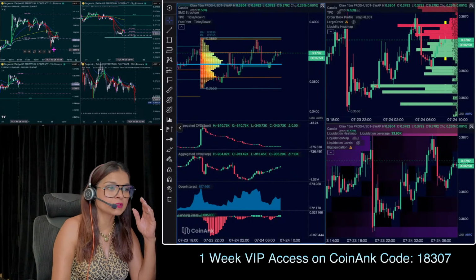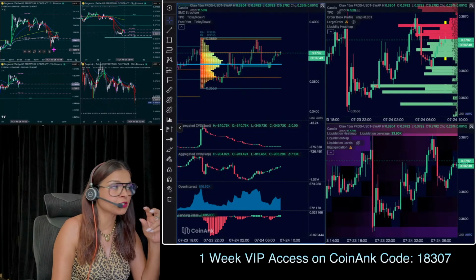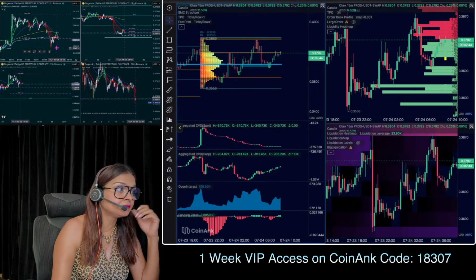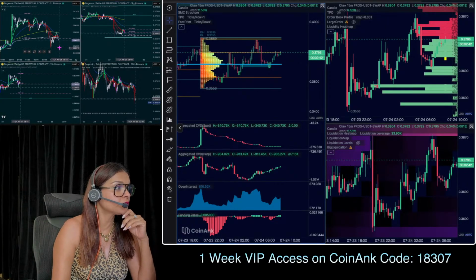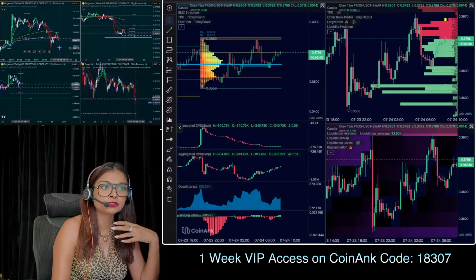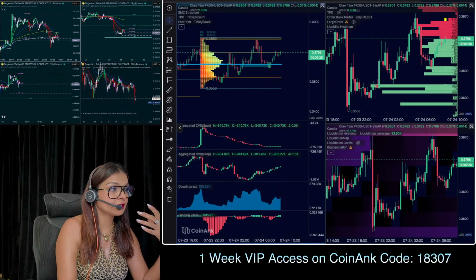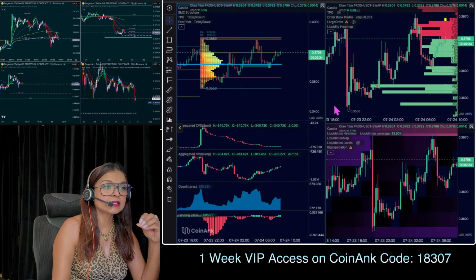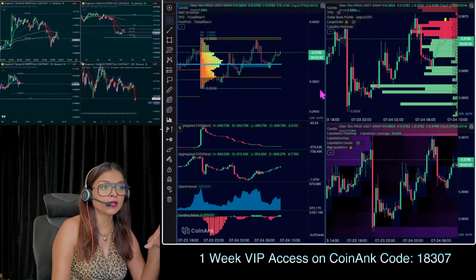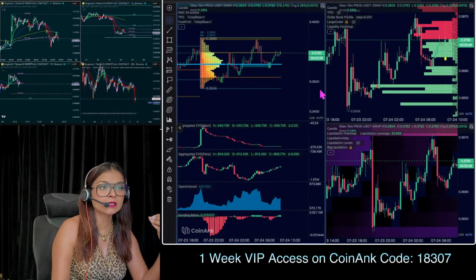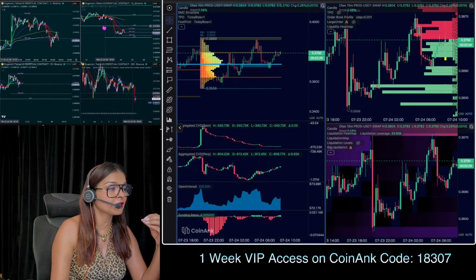We've all been in those paid educational groups. I stayed in there to have access to this indicator. It shows you where entities or big money is coming in by the colored candles.